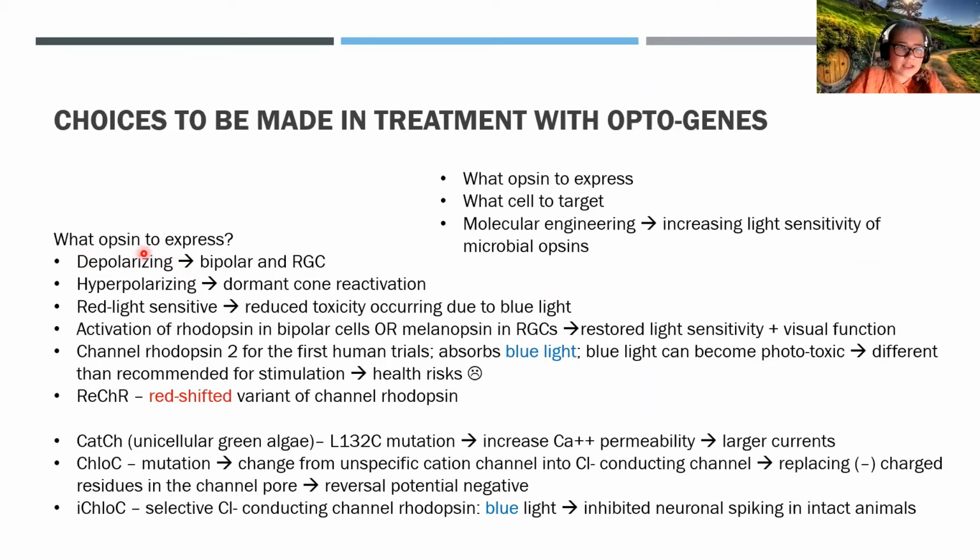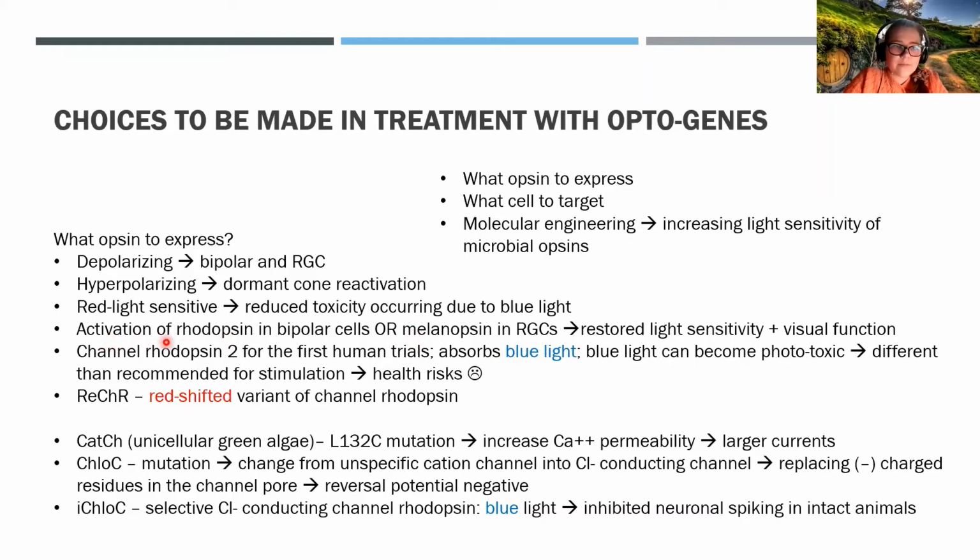Then it's better to choose red light sensitive opsin instead of blue sensitive one, because blue light can become phototoxic, and thus it will lead to higher light intensity than needed to stimulate opsins, and it will lead to serious health risks.